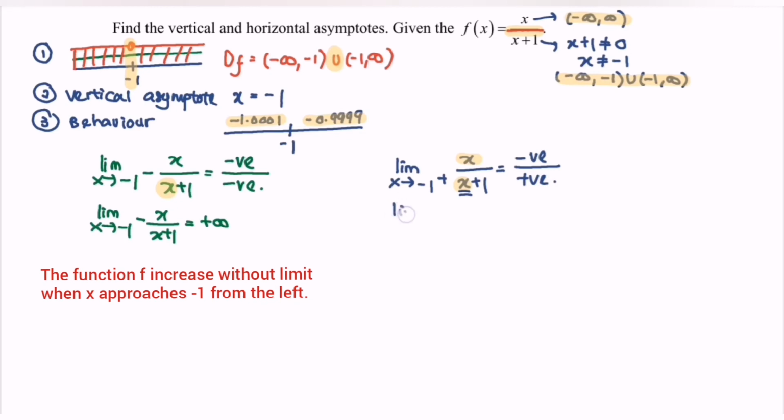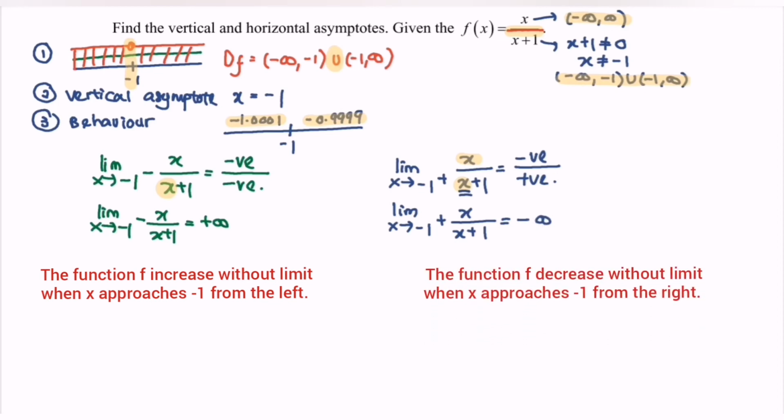So the limit when x approaches negative 1 from the right for the function x over x plus 1 will be negative infinity, meaning that the function f decreases without limit when x approaches negative 1 from the right.